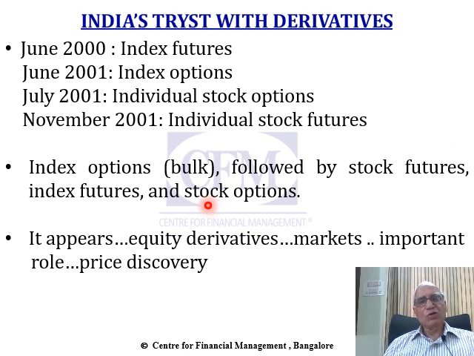Presently, index options account for the bulk of derivatives trading in India. They are followed by stock futures, index futures, and stock options. It appears that equity derivatives play an important role in price discovery.